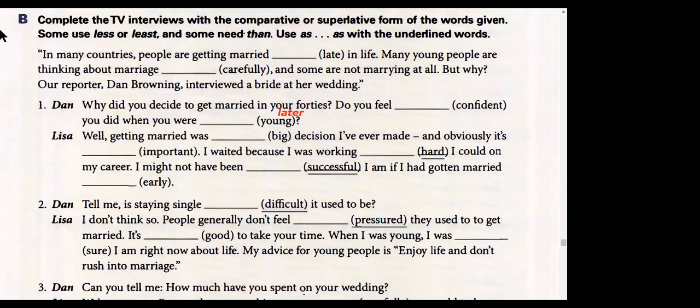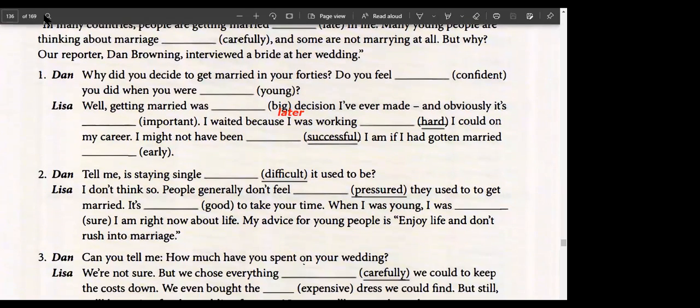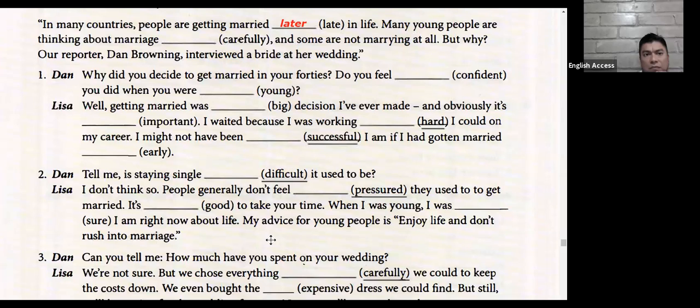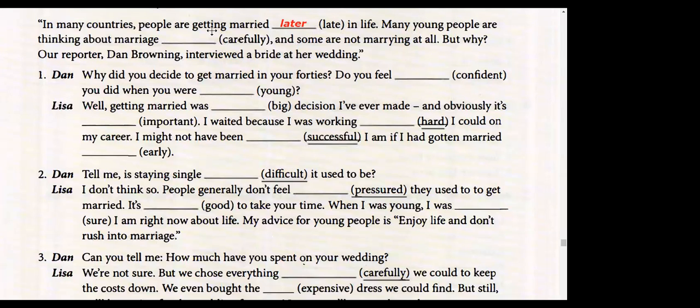Many young people are thinking about marriage more carefully. Yes, I agree with you. More carefully. Okay. And some are not marrying at all. But why? A reporter, Dan Browning, interviewed a bride at her wedding.